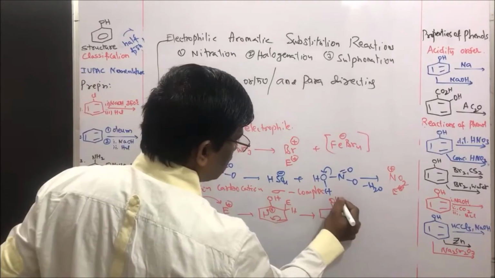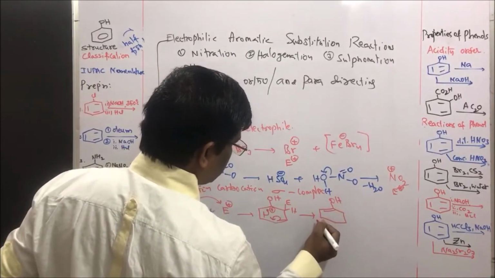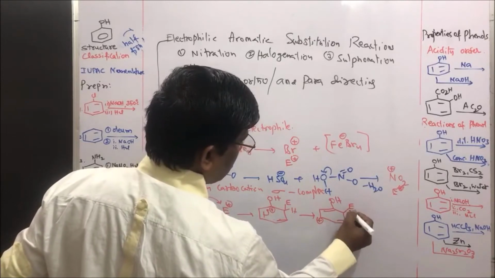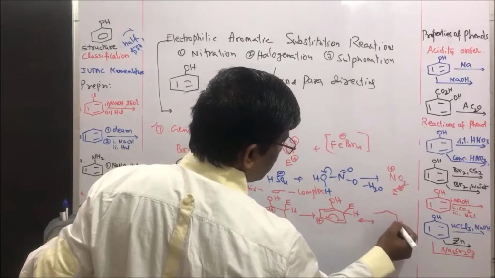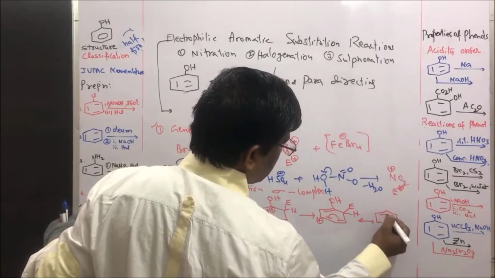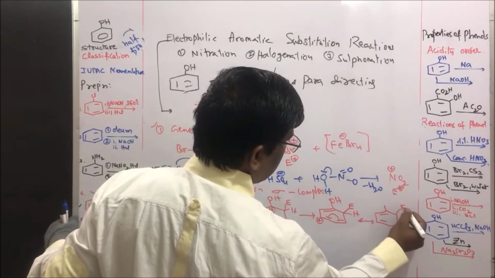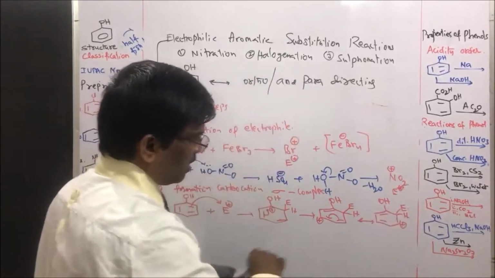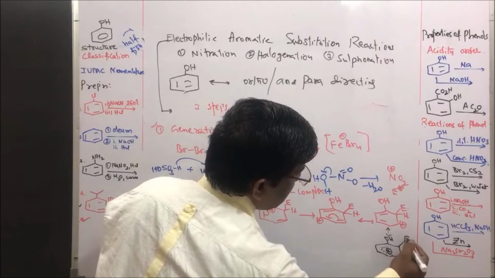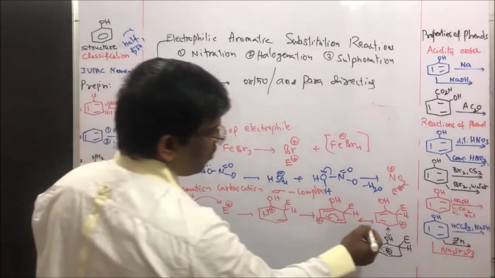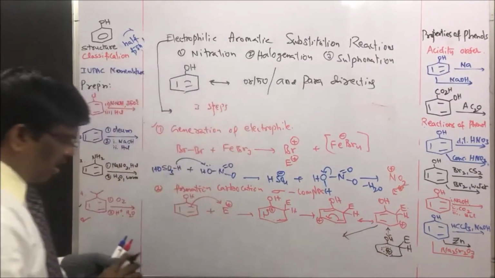Hydrogen is here. These are all the resonance structures, students. Now it is E and here hydrogen is here. It is going to give this resonance structure of this E. It is nothing but the sigma complex where positive charge is there in the ring. At this stage, it goes to the third stage.